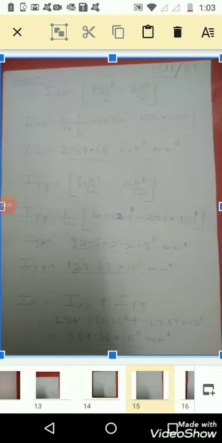Iyy is equal to in bracket DB cube by 12 minus small d small b cube divided by 12. Substituting the values, we get Iyy is equal to 129.69 into 10 raised to 6. Ip is equal to Ixx plus Iyy. Adding it, we get the answer 384.35 into 10 raised to 6.